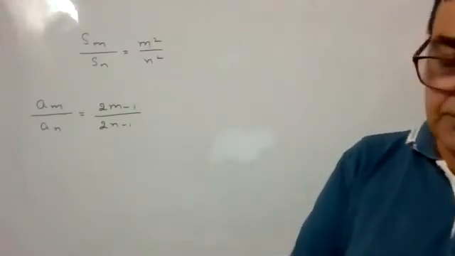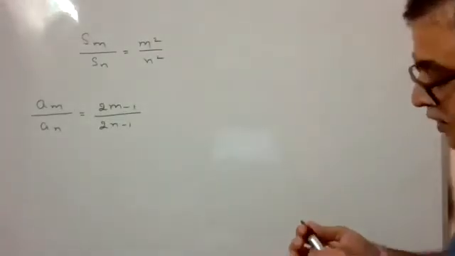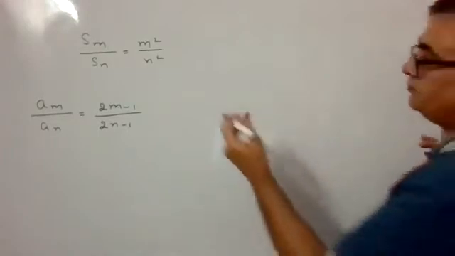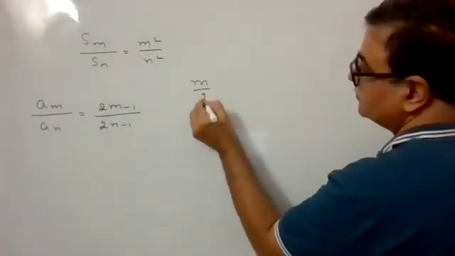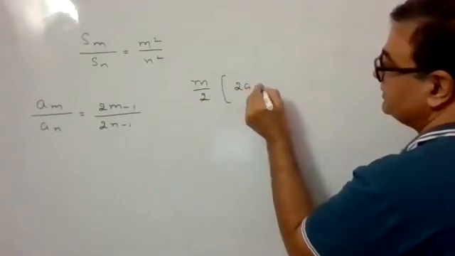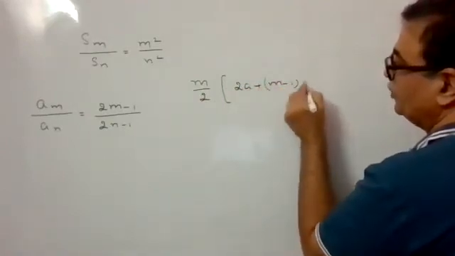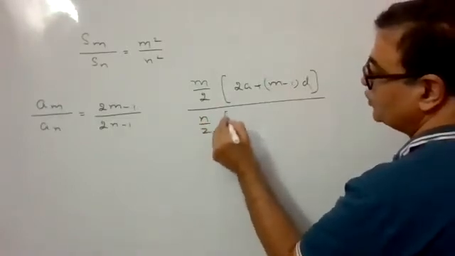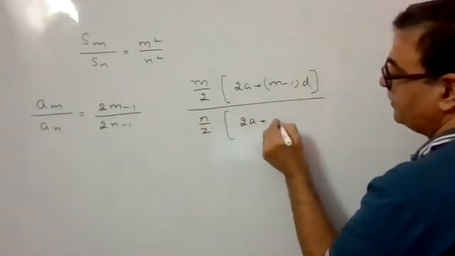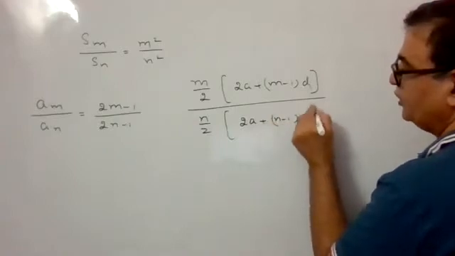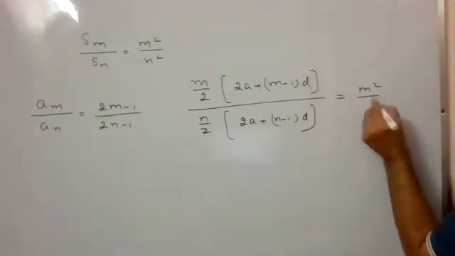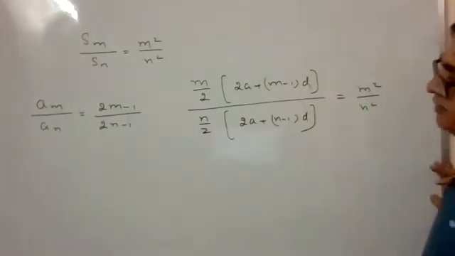The sum of m terms is known to us, that is m by 2 times 2a plus m minus 1 into d. And here it will come out to be n by 2 times 2a plus n minus 1 into d. That is given as m square by n square.